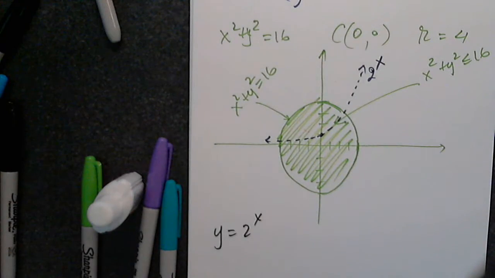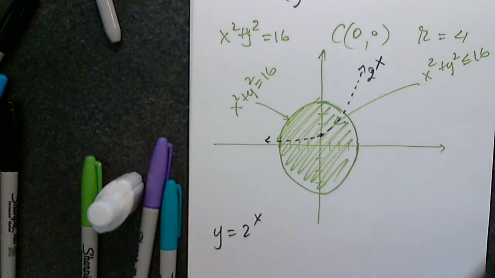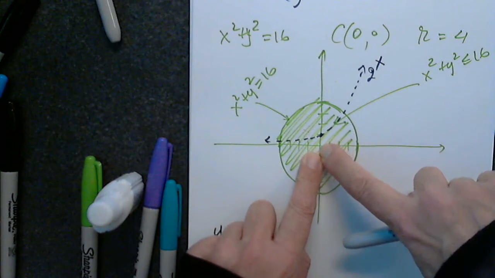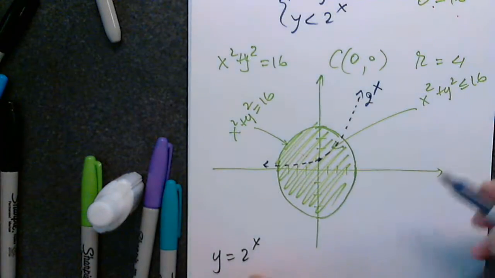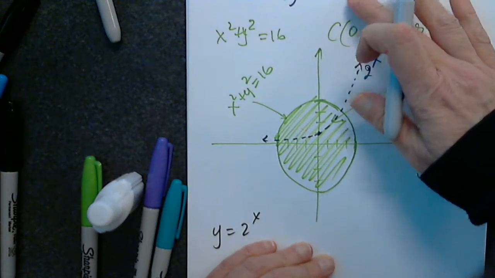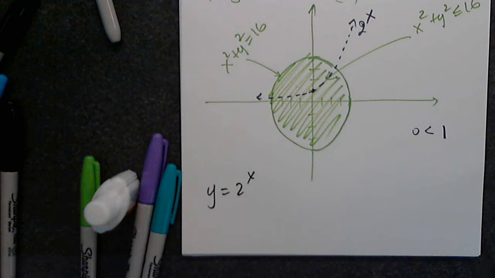It divides the entire plane into two regions, the one inside and the one outside. I'm happy. It does not pass through the origin, so I will use the origin. So the left-hand side is 0. The right-hand side is 2 to 0. How much is 2 to 0? 1. If you say that this is a true statement, I will shade the region where the point I used is coming from.